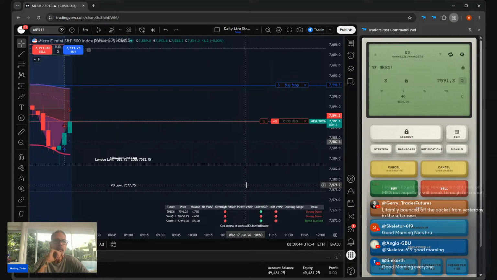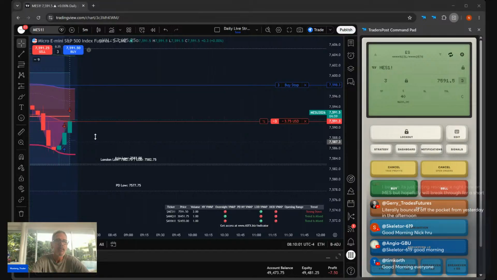Got in a little bit later than I should have, but looking at the book map, this looks like it is going to pull back down to around 75.20, maybe 75.18.